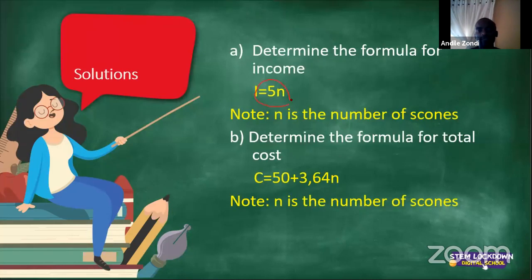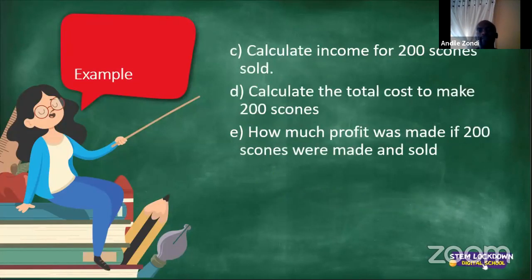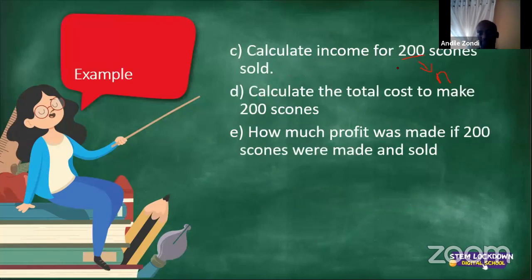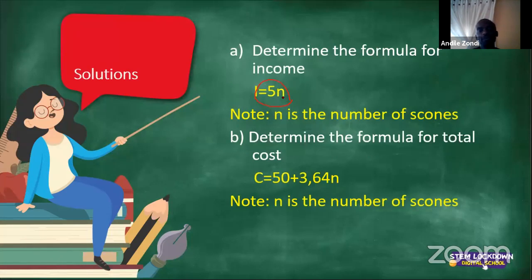They tell us that there are 200 scones, so 200 in this case represents N. So income is 5 rand times N, and N is 200. If you're using a calculator, this is actually easy: 5 rand times 200. That should give you 1,000.